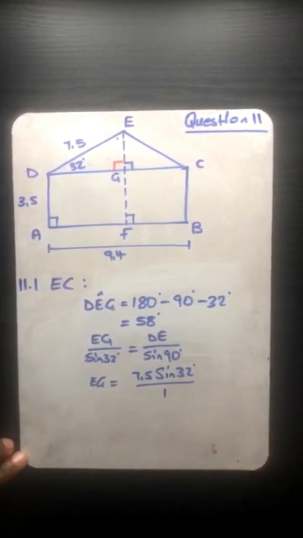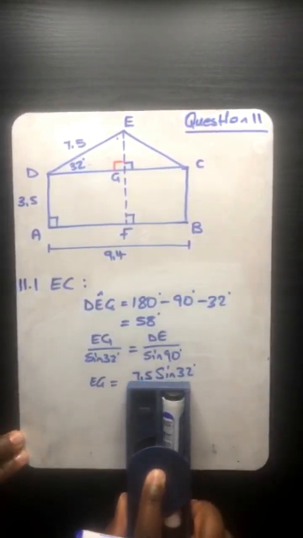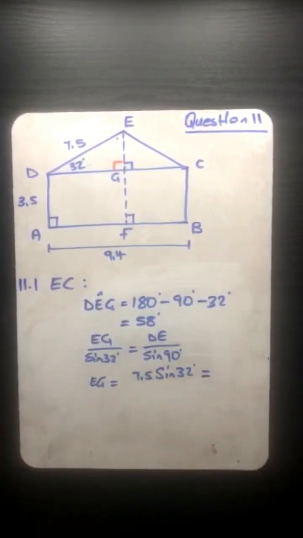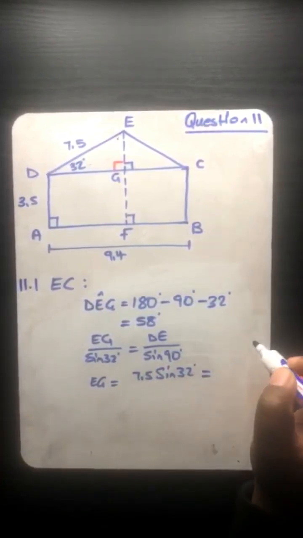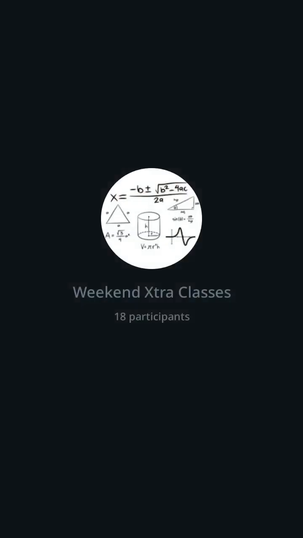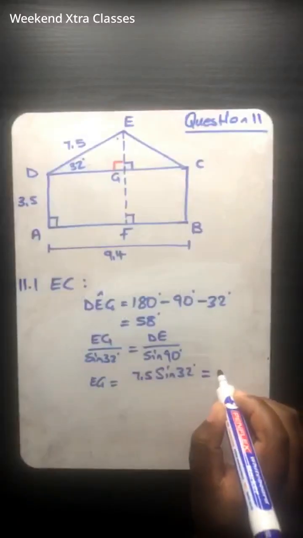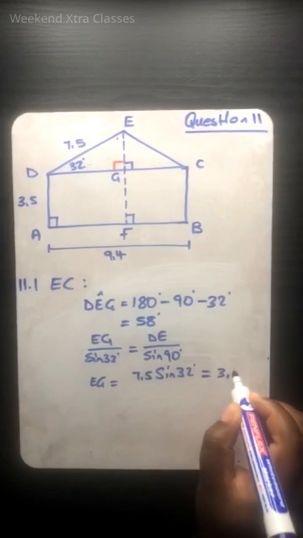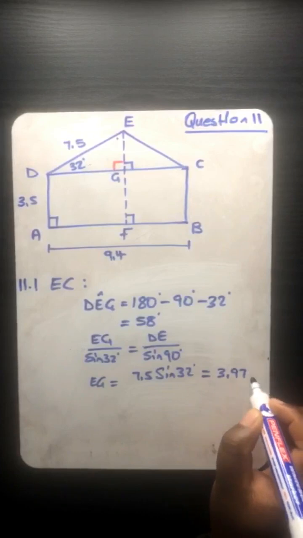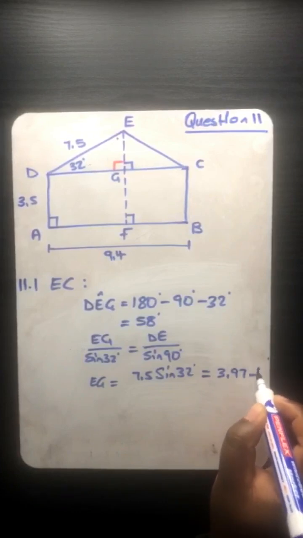So it's the same as dividing by 1. Now you punch all of that. What will therefore be this? It's 3.97. 3.97 units. Okay.